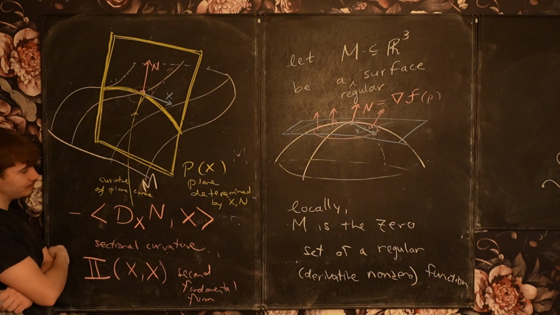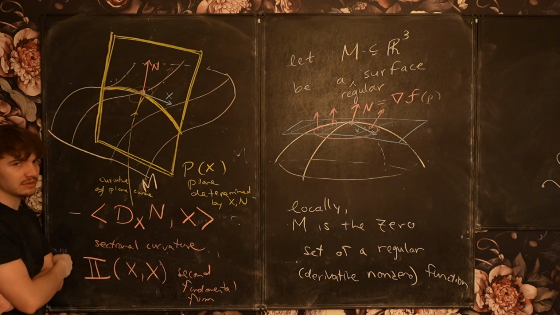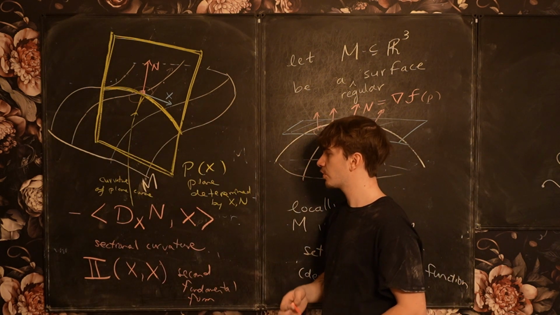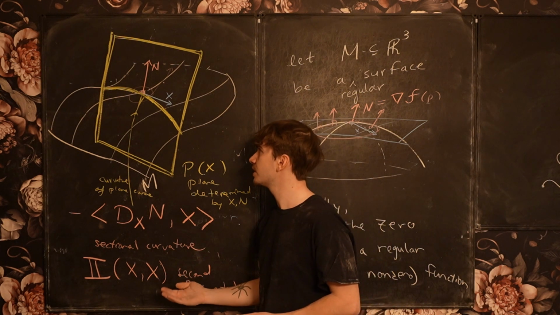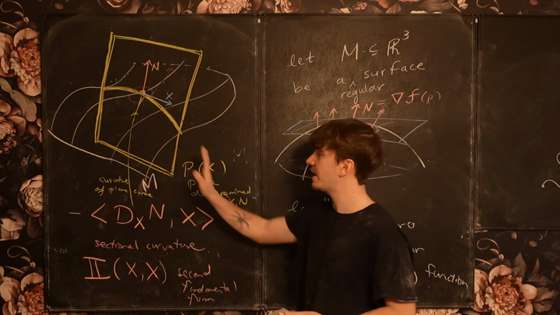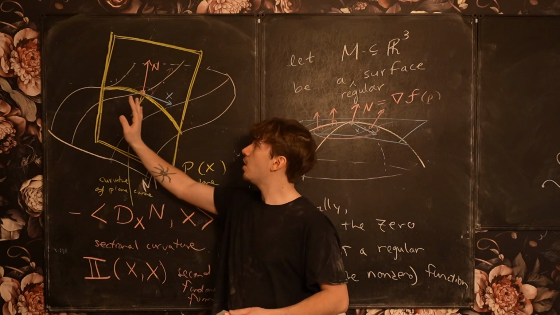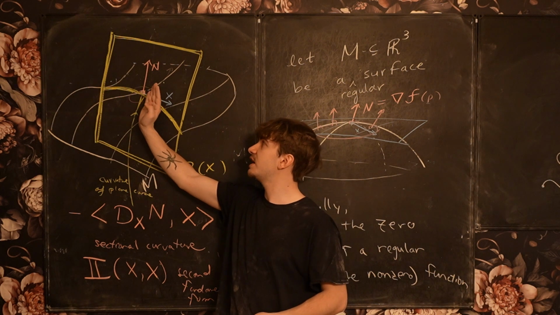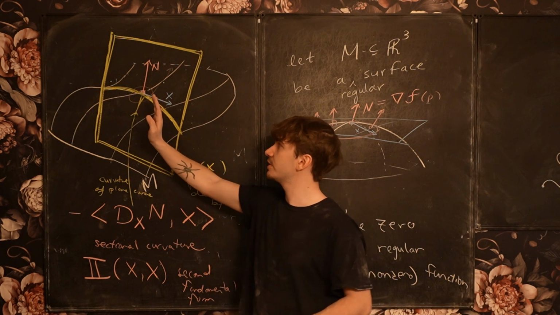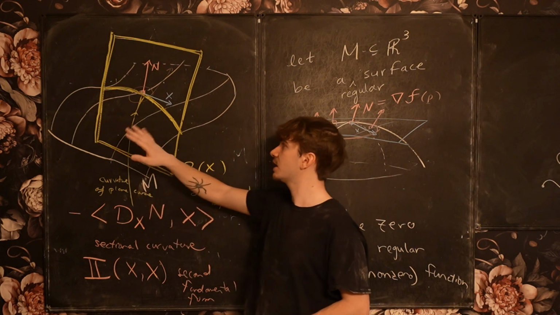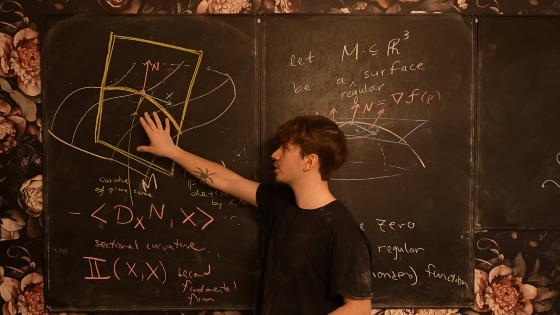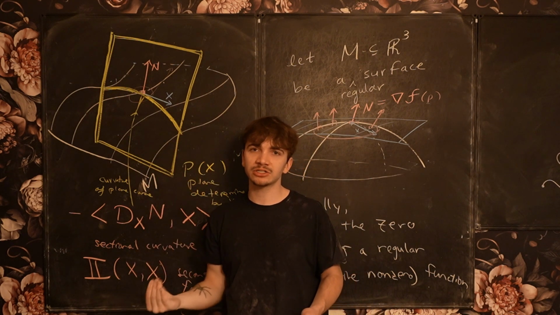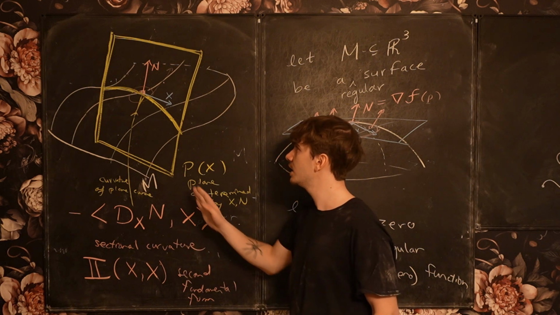Now we want to define something called the Gaussian curvature. The way we're going to do that is as follows. We're going to look at the maximum of this sectional curvature. If I consider all planes which pass through this normal vector, picture rotating this plane about the normal vector. I'm going to have a bunch of different ways to cut out curves of this surface M, and each of these curves is going to have a different sectional curvature, so a different local curvature at this point.